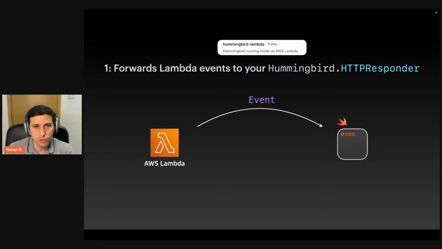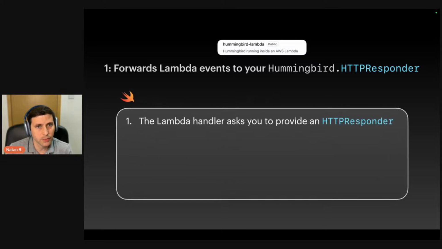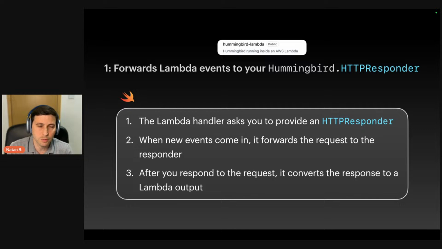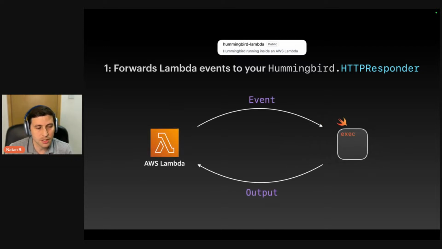It's going to forward events to you, and the Hummingbird Lambda package is going to take that event, and inside your Swift executable, you provided the HTTP responder. So whenever new events come in, in this case HTTP requests, it forwards the requests to your responder. And once your responder provides a response, the Hummingbird handler is going to convert it to the expected Lambda output, which if you do manually, is a bit more tricky.